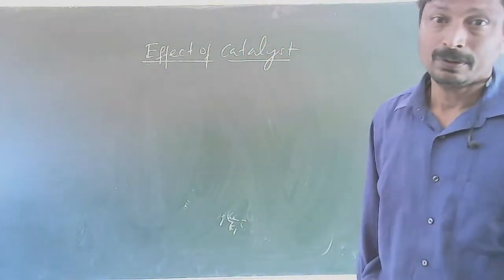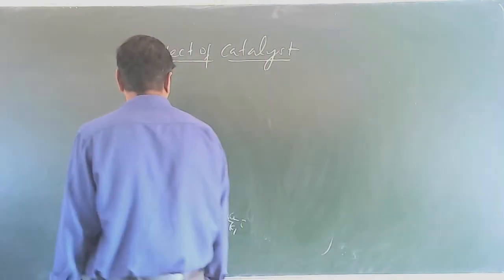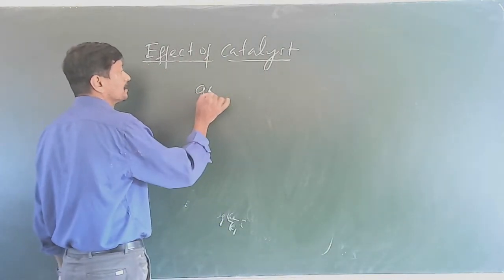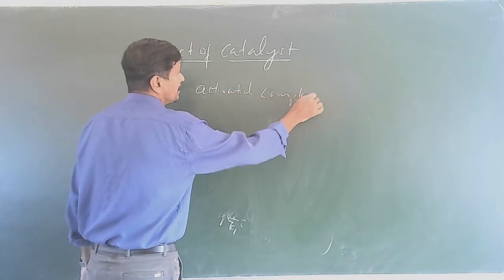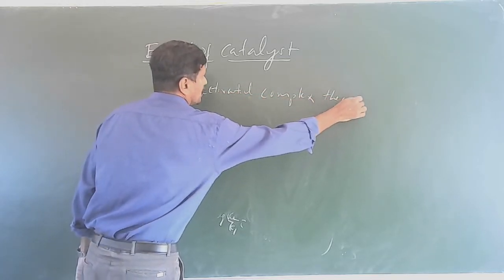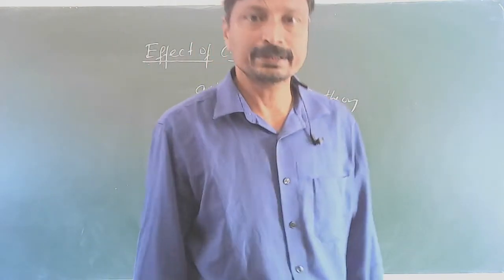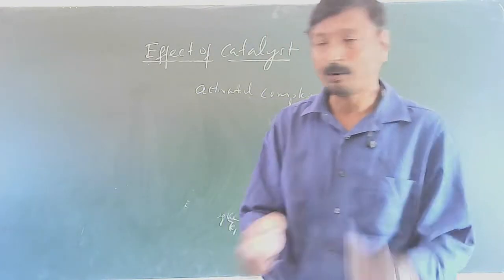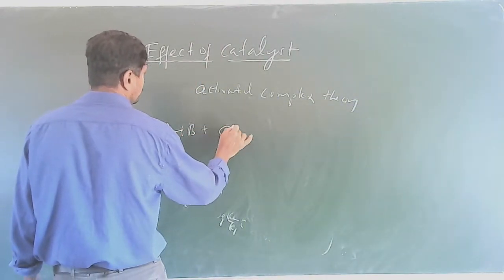This is explained by the activated complex theory. According to this theory, the catalyst makes a temporary bond with the reactant. A plus B is the reactant, C is the catalyst.